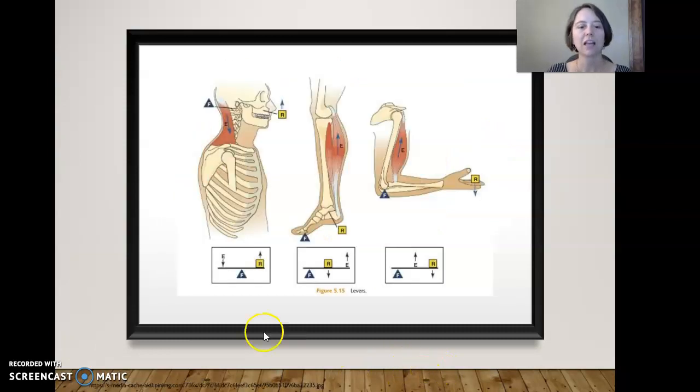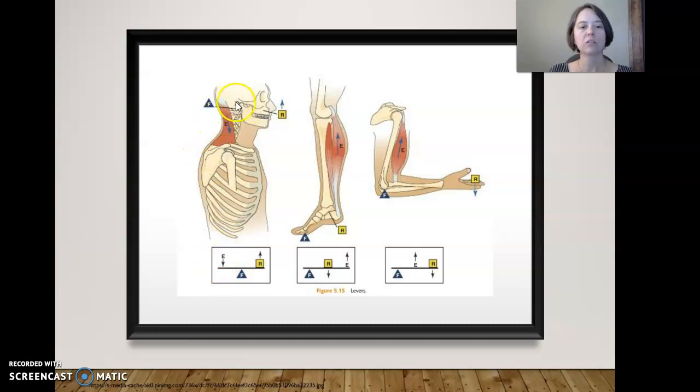Okay, looking at levers. Your book goes into first, second, and third class levers, where a first class lever looks a lot like a seesaw, where you have the fulcrum in the middle, and then you have the weight or the resistance, and then the effort on the other side.